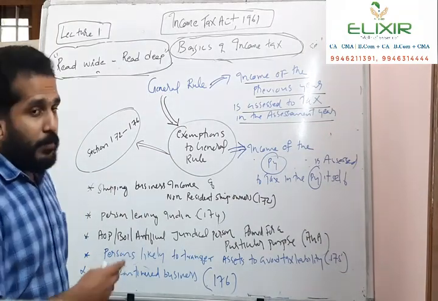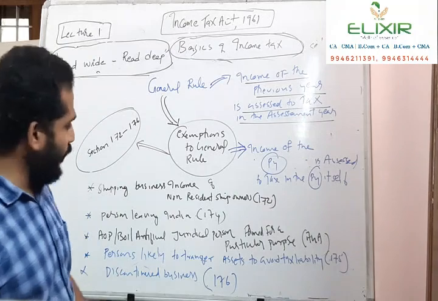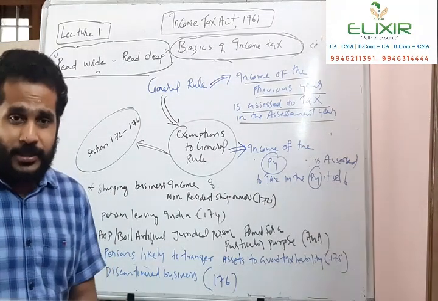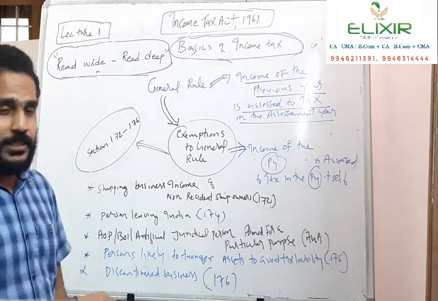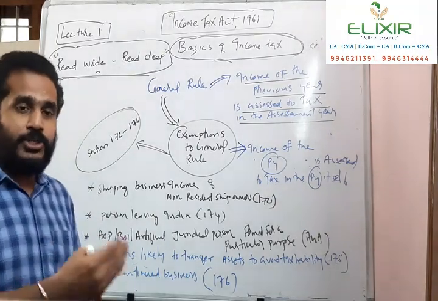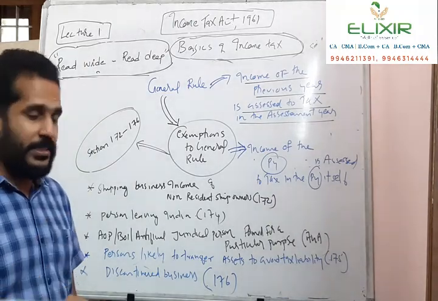Okay, that person voluntarily does not approach the assessing officer, saying, sir, I'm leaving India for permanent purpose, shall you tax? No, that is not the case. Here the assessing officer will insist the person who leaves India without an intention to come back to pay the tax and assess the tax in the previous year itself.